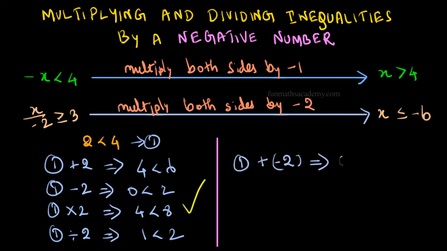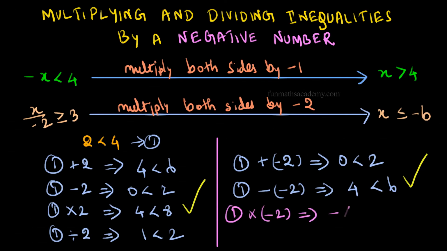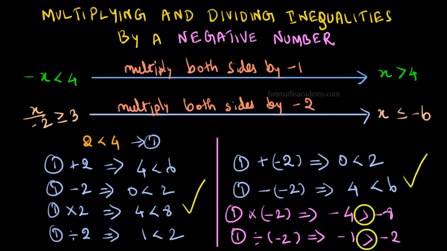In the same way, when it is added or subtracted by a negative integer, the inequality still holds true. But when you multiply or divide by a negative integer, then the inequality will not hold true, and the inequality will change to the opposite operator.